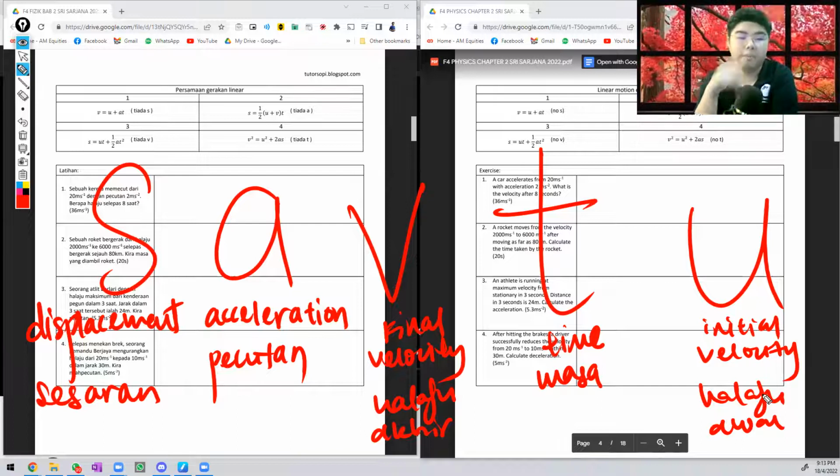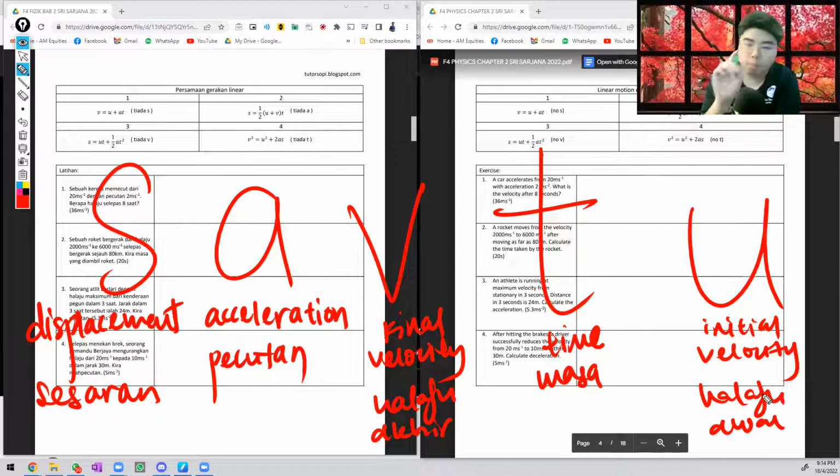I want you all from now to have a habit that when we are looking at the question, we must circle, underline, and highlight all of the physical variables or the physical components inside the question. So whenever you are solving questions from this subtopic, you must always on the side write down first SAFTU. So always remember as SAFTU.